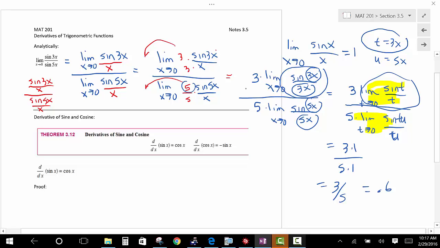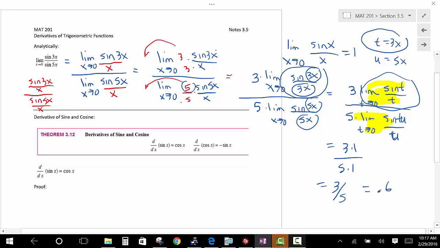See, what I did is I wanted this to be sine 3x over 3x. I wanted this to be sine 5x over 5x, so I could do that substitution. As long as these numbers match up, if that was a 10x and a 10x, then the limit's still going to be 1. Still works out that way. So that's the idea. Okay?